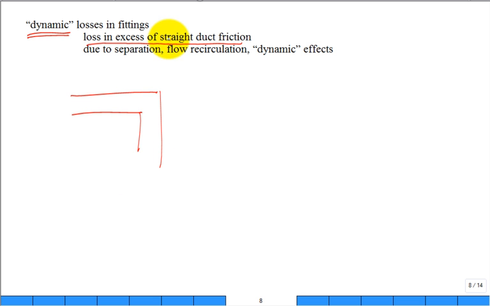What's going to happen when you turn a corner? You get a flow separation. That adds the loss. They don't use that term in the water systems, but they'll use that term in the air systems. It's due to especially flow separation, recirculation, dynamic effects. All right. What would you say is equivalent in the water system? Just minor losses due to fittings.